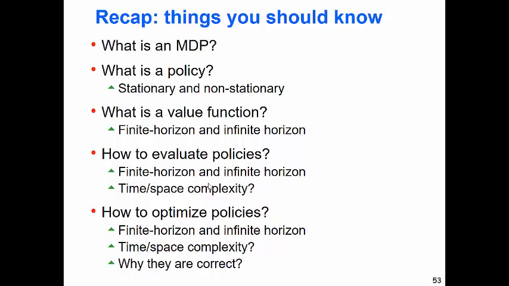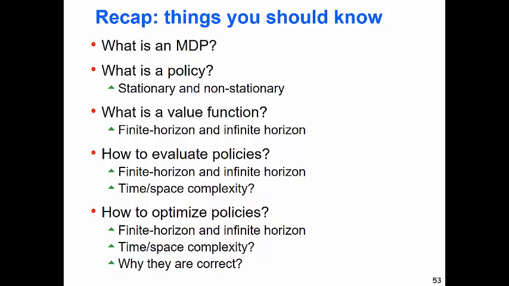So now what do you know? Well, you know what an MDP is. It's this tuple. You've learned how to define the objectives of an MDP, and we had different objectives for finite horizon and infinite horizon. Then you learned how to evaluate policies in both infinite horizon and finite horizon, and then how to optimize the policies.